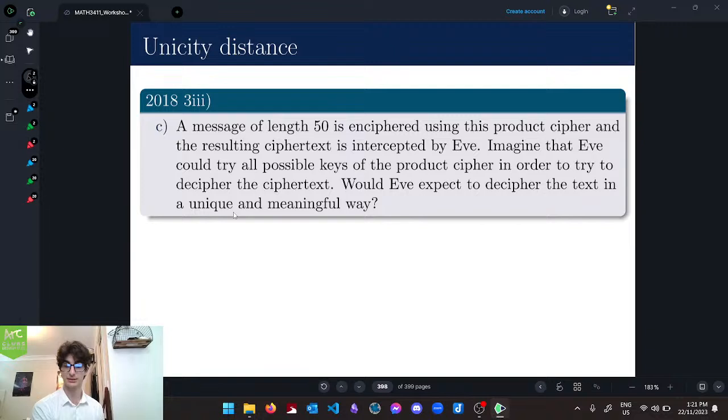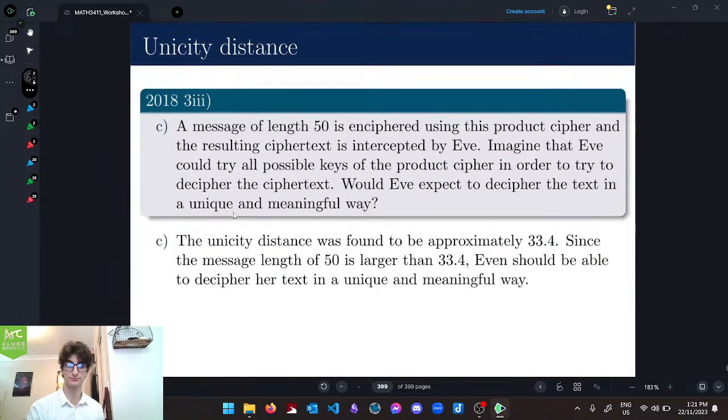And then part C of that same question was: a message of length 50 is enciphered using this product cipher, and the resulting ciphertext is intercepted by Eve. Imagine that Eve could try all possible keys of the product cipher in order to try to decipher the ciphertext. Would Eve expect to decipher the text in a unique and meaningful way? Well, we know the unicity distance is approximately 33.4.